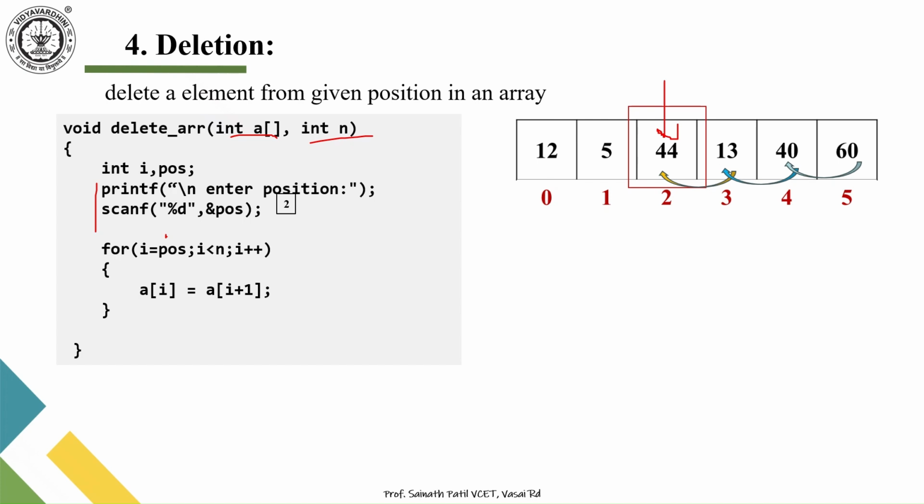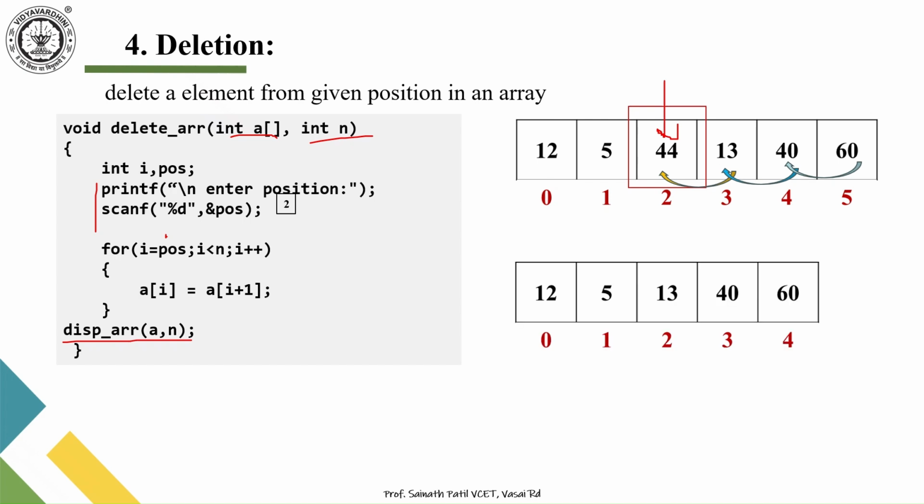So likewise, elements get shifted to the left side. Okay. Now we call the display function that we have already written with array and size. So after that we should stop it just one element before. So after removing that, the array will look like this.